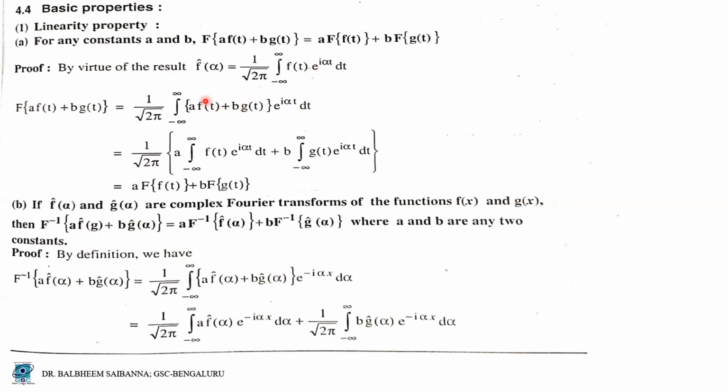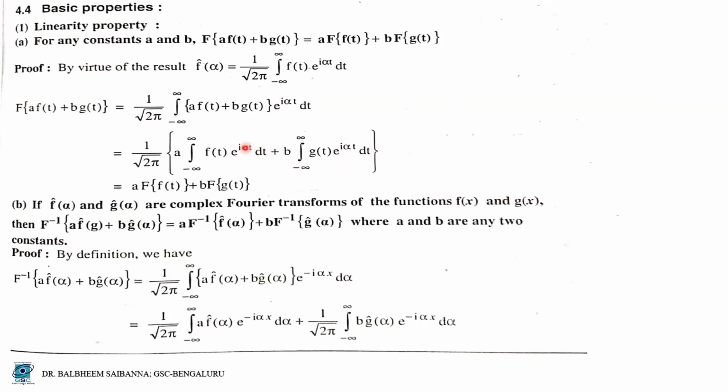Then here a sum of two terms is there. Just write the sum of two integrals. The constant 1 divided by root 2 pi stays as it is. This is a constant because here t is the variable. This a is outside the integral: integral from minus infinity to plus infinity of f of t e to the power of i alpha t dt is one integral, and b is a constant, then the integral over minus infinity to plus infinity of g of t e to the power of i alpha t dt.